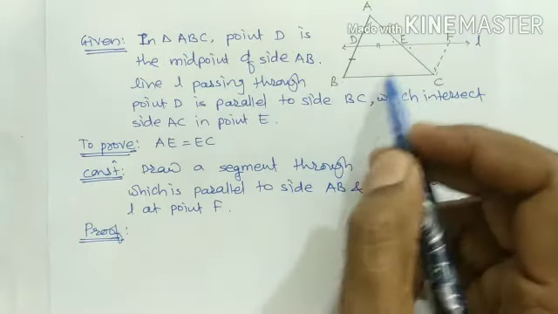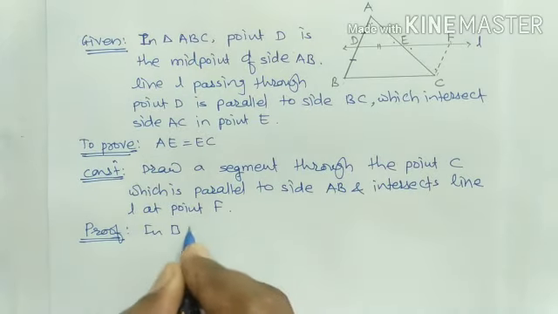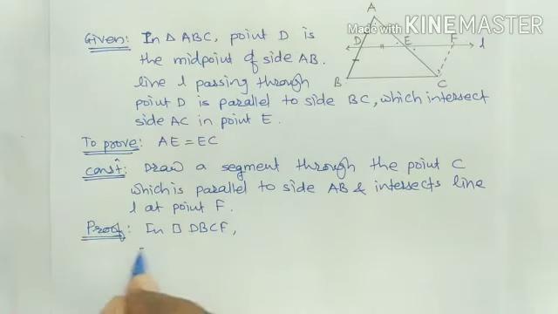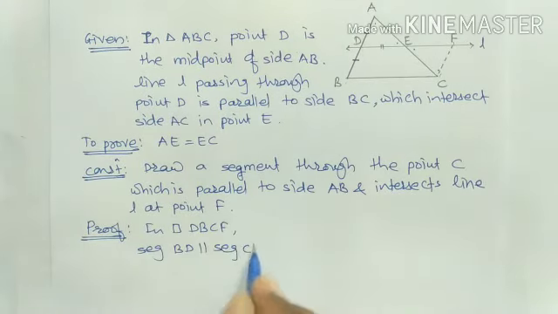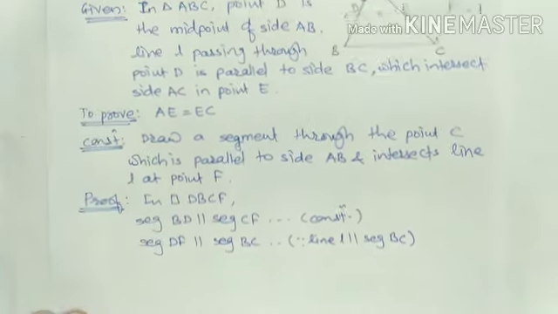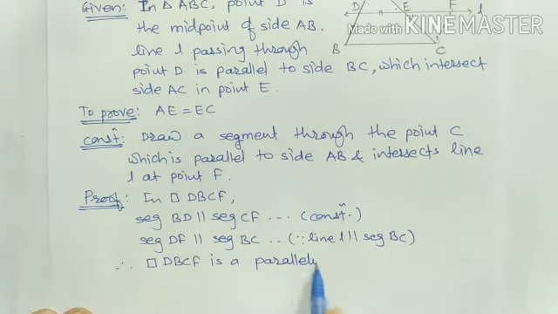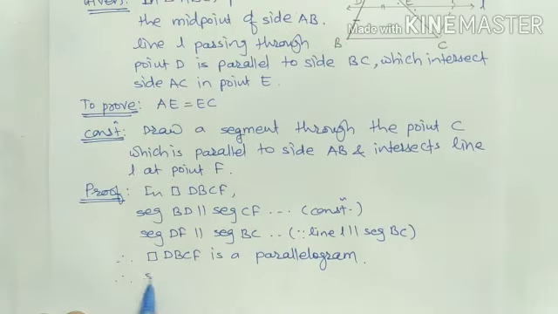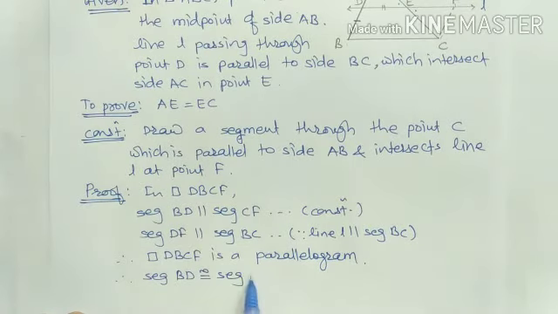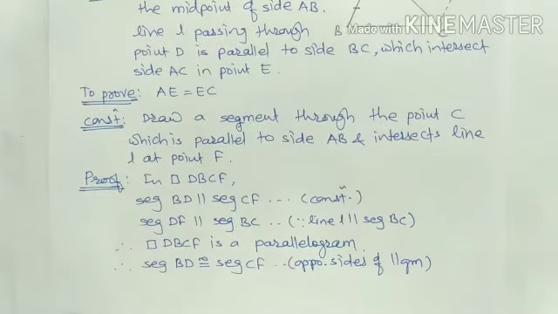For that, first we have to show that this quadrilateral is a parallelogram, and from that we can show that these two triangles are congruent. See, in quadrilateral DBCF, seg BD is parallel to seg CF, it is construction. Then seg DF is parallel to seg BC, it is given, or we can write line L is parallel to seg BC, given to us. And therefore quadrilateral DBCF is a parallelogram. And therefore seg BD is congruent to seg CF, these are the opposite sides of a parallelogram.